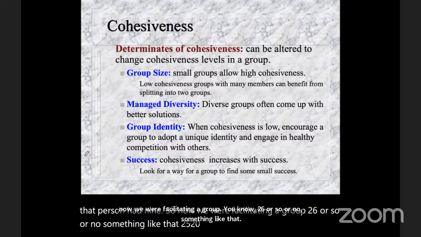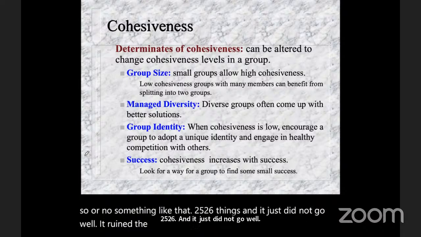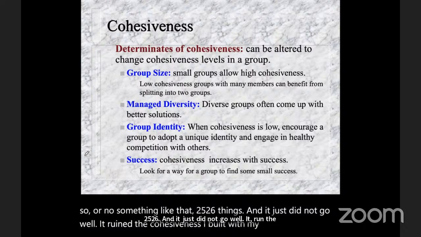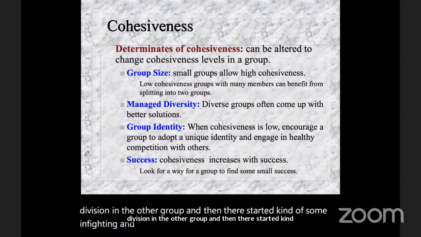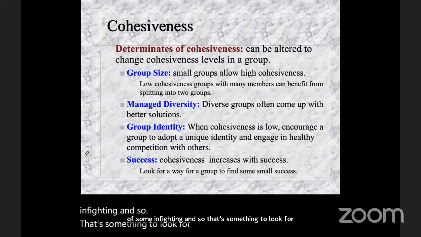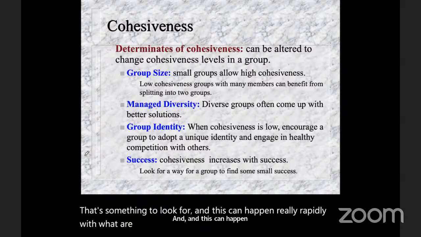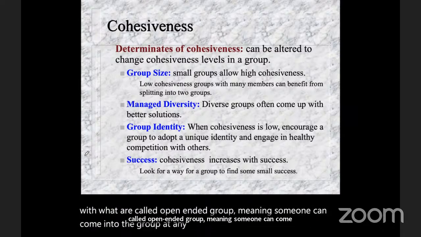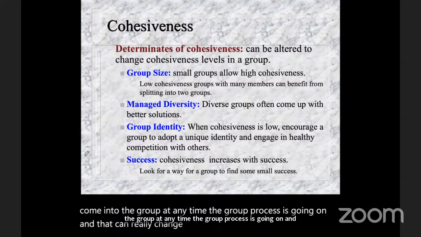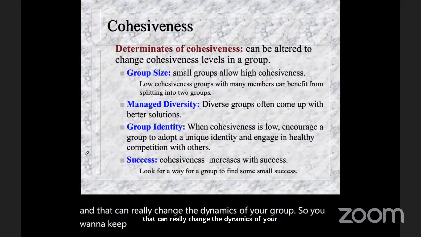And it just did not go well. It ruined the cohesiveness I built with my group. I saw a lot of division in the other group, and then some infighting started. So that's something to look for. And this can happen really rapidly with what are called open-ended groups, meaning someone can come into the group at any time the group process is going on, and that can really change the dynamics of your group. So you want to keep an eye on that.